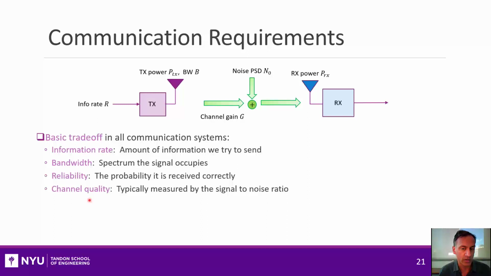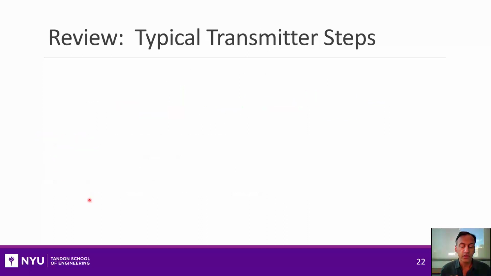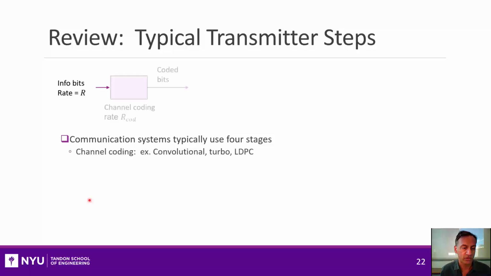relationships between one another. So before we do that, let's review the basic steps that we see in any practical transmitter. So typically we can think of transmission as occurring in multiple stages. The first is that we start with some information, and then we typically perform some kind of channel coding to get coded bits.